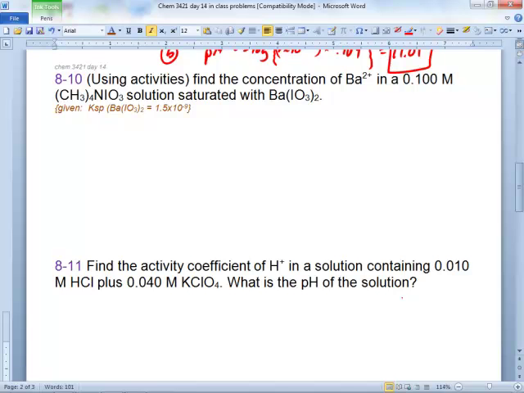Let's see, that quaternary compound there. What does that have to do with anything? Look at this. What does this have to do with anything?